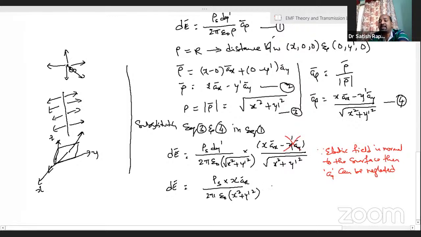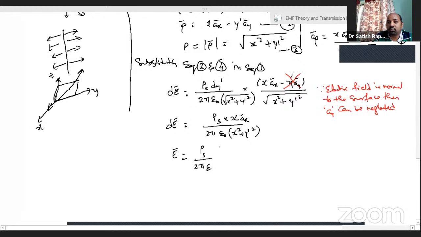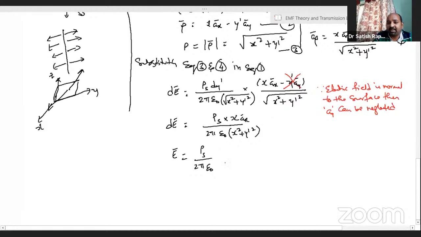So if you want the electric field with respect to the entire surface, then integrate it. Therefore E bar is equal to the integral. One more thing, rho s is constant, 2 pi epsilon naught is also constant, so that can be taken outside.